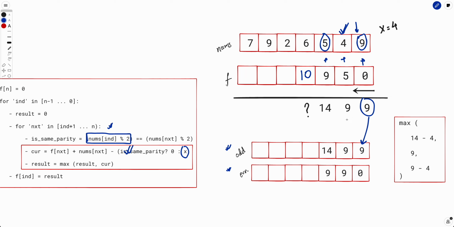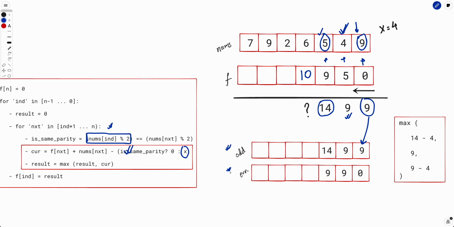So you will not take the contribution of this one and simply copy the value from the previous index. After that, notice that this 5 is also odd, so you will take the contribution of this particular number as well. So you will now have a maximum of 14 comma whatever maximum I already have, which is 9. So the maximum of 14 comma 9 is 14.